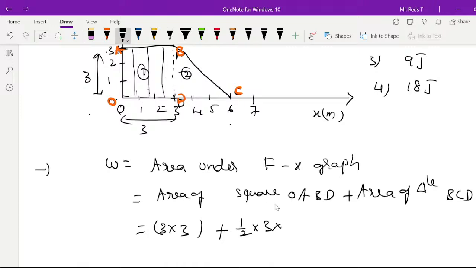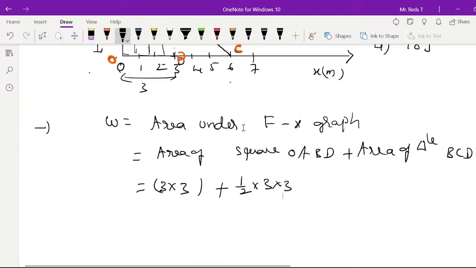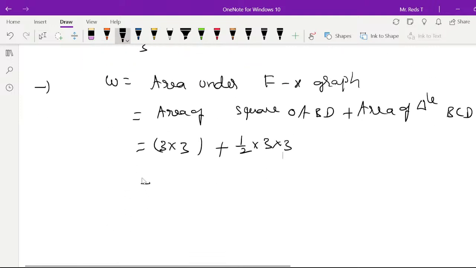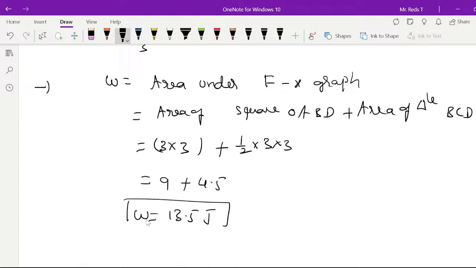Height is of course 3. So it is 3 into 3, 9, plus 3 into 3 by 2, 9 by 2, is 4.5. It is equal to 13.5 joule.